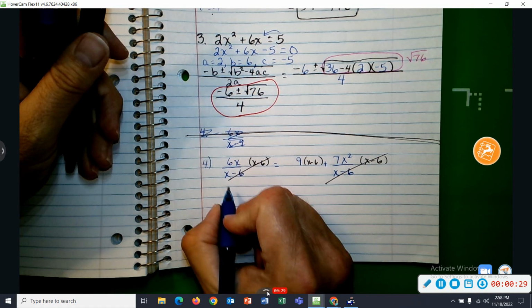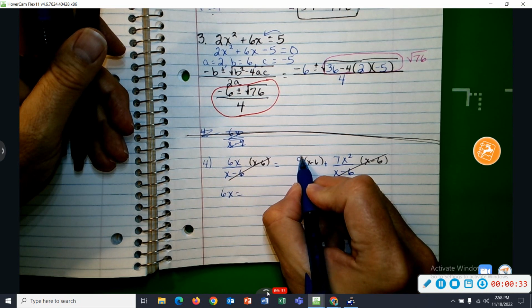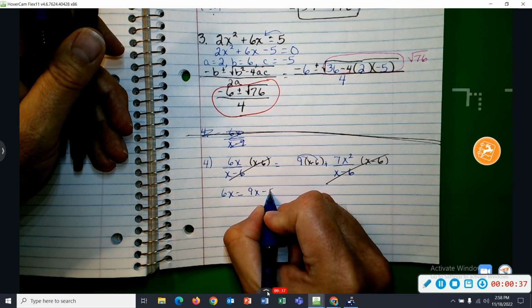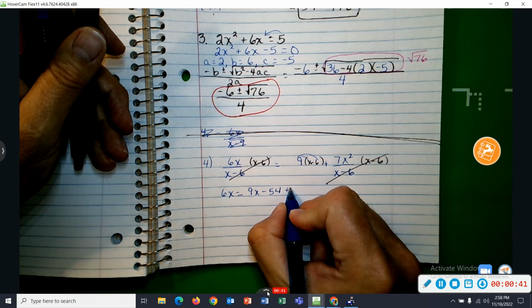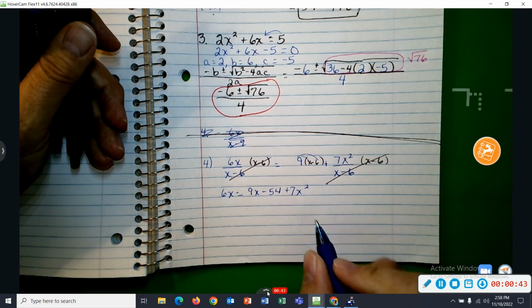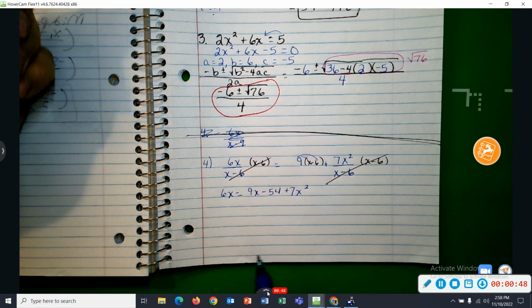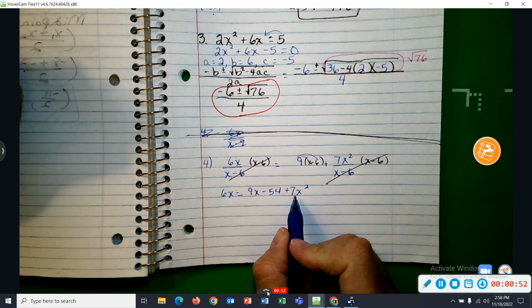So we would have 6x equals 9x minus 54, and then plus 7x squared. Now, I'm going to write this in standard form so I can factor it or use the quadratic formula.